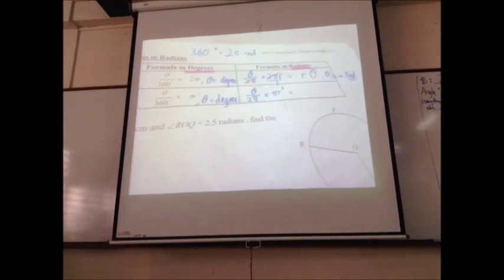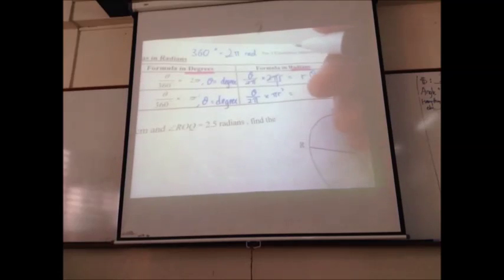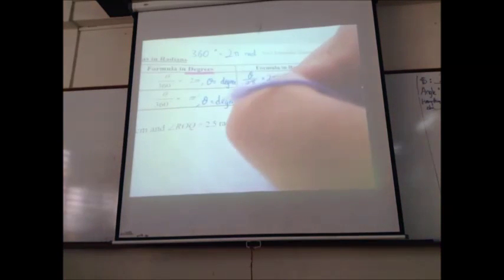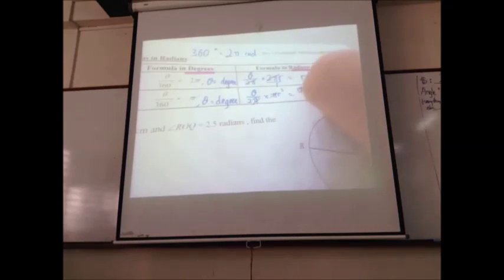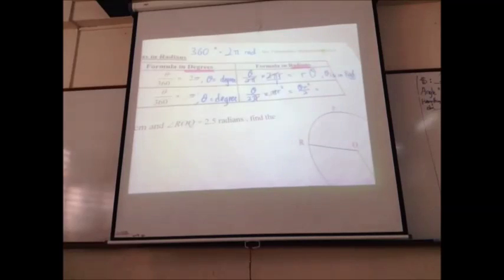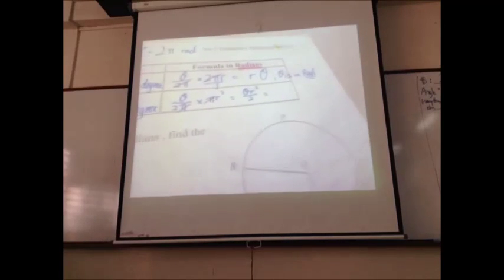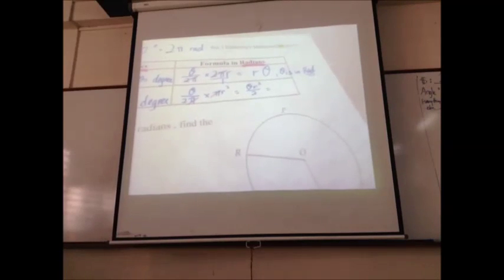Now, can I cancel 2 or can I only cancel pi? Cancel pi. So now I'm left with theta r square over 2.